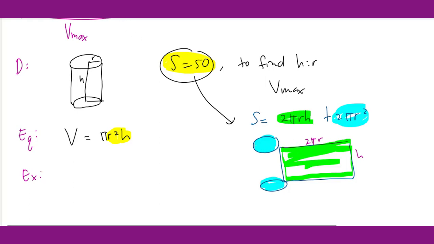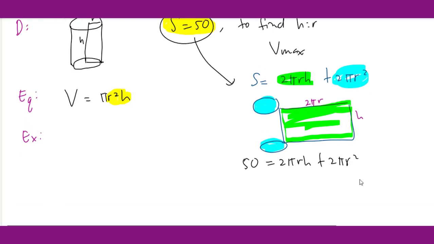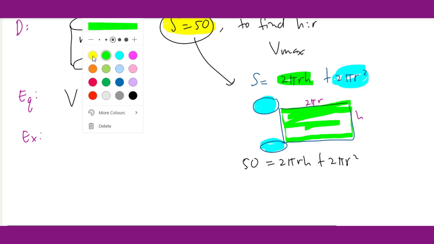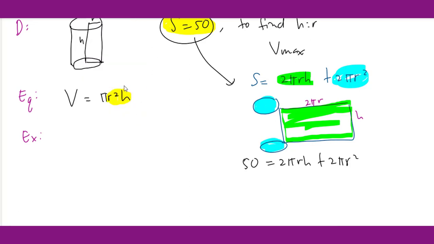Given S is 50, equal to 2 pi r h plus 2 pi r squared. Now study the variables. The variables are h and r. Let's write h in terms of r and try to get rid of the variable h.